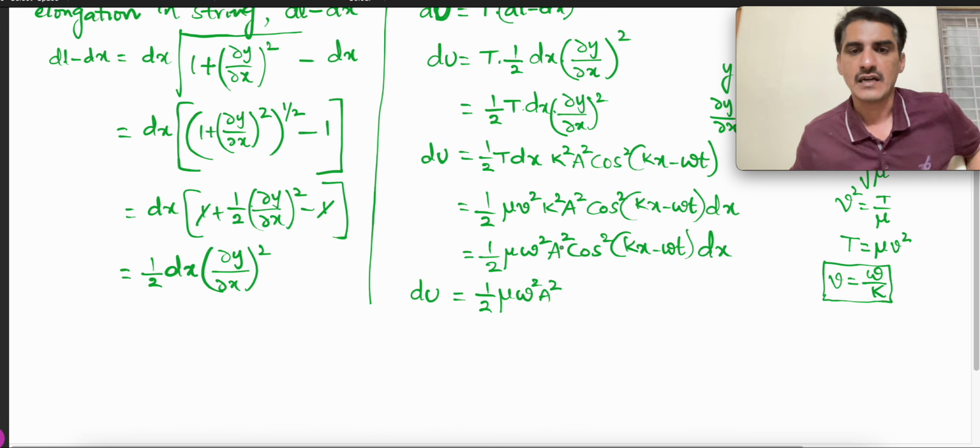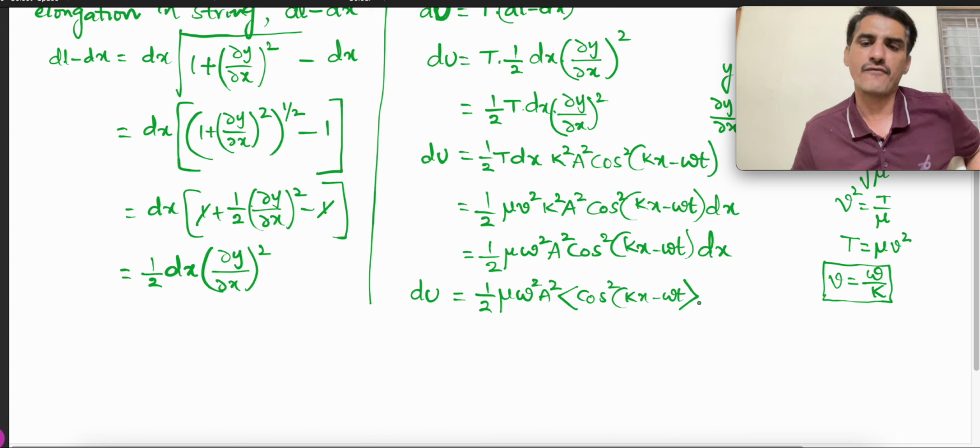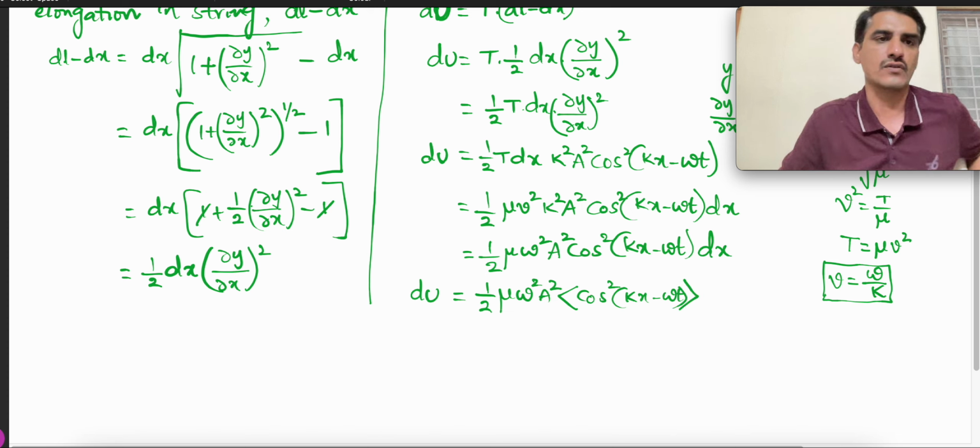Apart from that, I am just saying how to consider the average value of cos square (kx minus omega t), for any cos square value, not only this one.